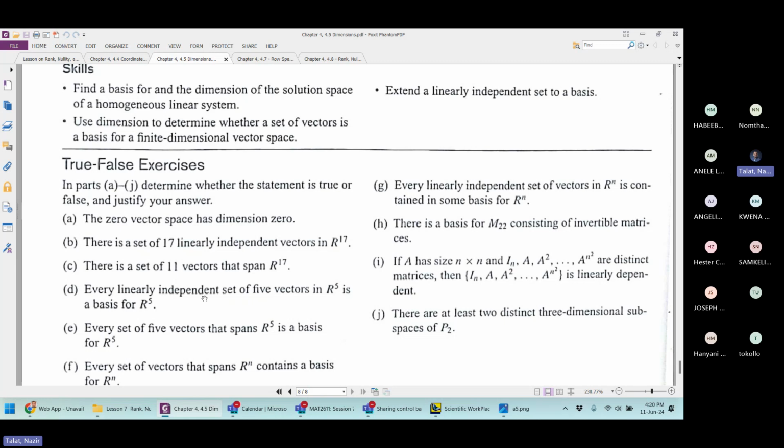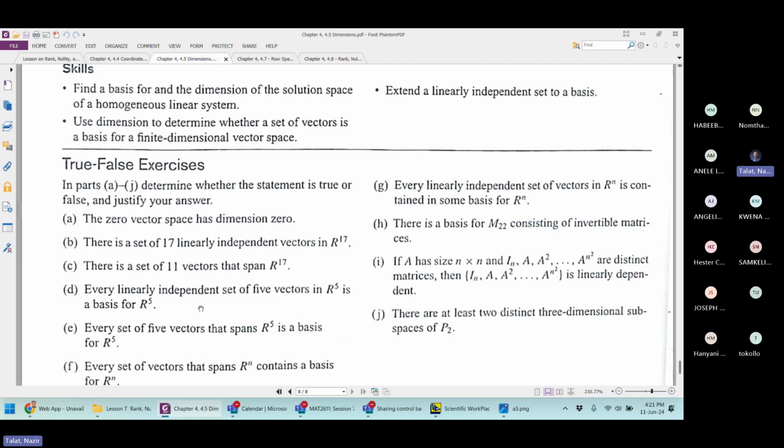Every linearly independent set of 5 vectors in R5 is a basis for R5. This is fine, because if they are linearly independent and the dimension is 5 and there are 5 vectors, then they also span R5, hence it becomes a basis.